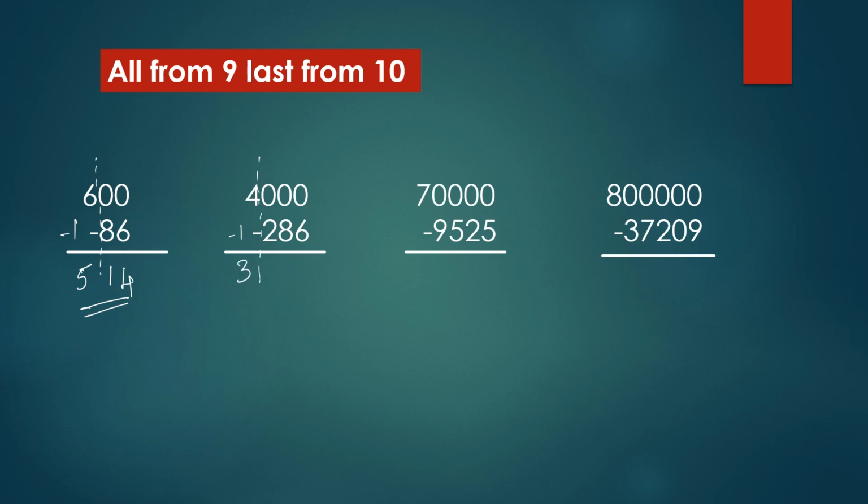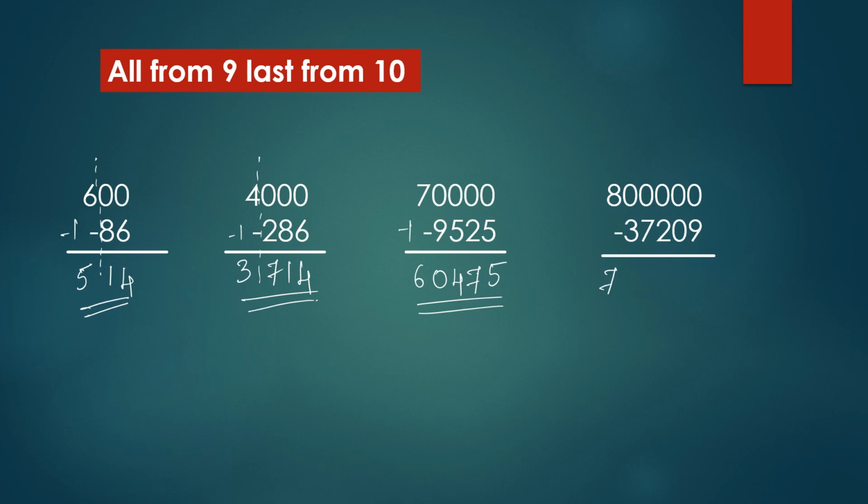Next 9 minus 2, 7. 9 minus 8, 1. 10 minus 6, 4. 3, 7, 1, 4. Next 7 minus 1, it will be 6. Then 9 minus 9, 0. 9 minus 5, 4. 9 minus 2, 7. 10 minus 5, that should be 5. So the answer should be 60,475.